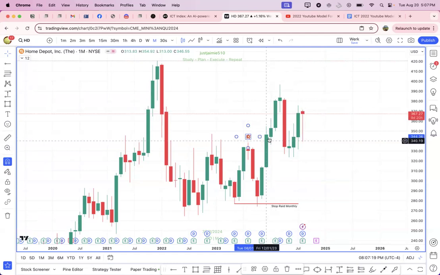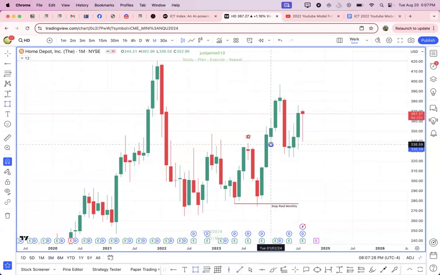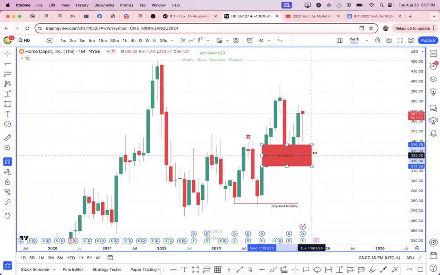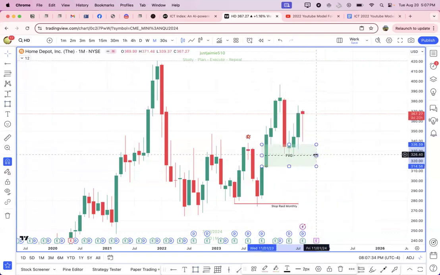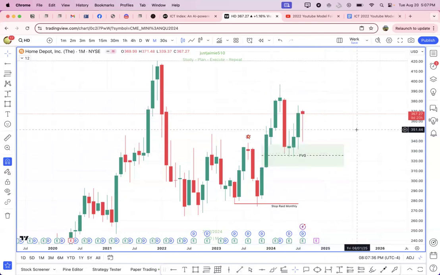Then you're waiting basically 1, 2, 3, 4, 5 months for it to come into your fair value gap on the monthly chart. That's the 2022 YouTube model. Like, this is like the most beautiful thing you ever want to see in your life right here.